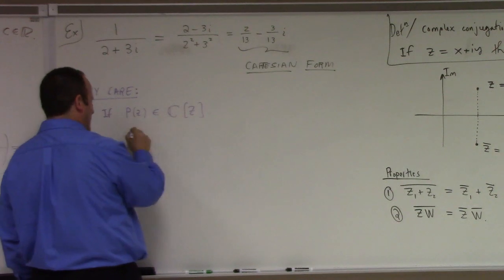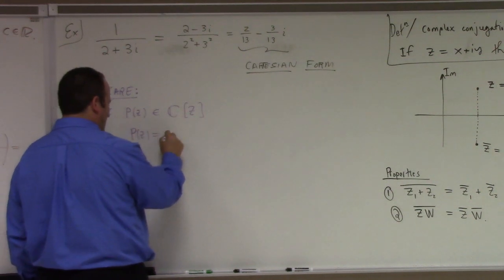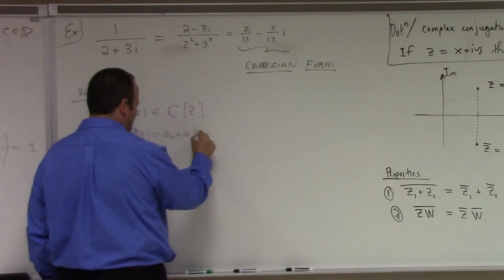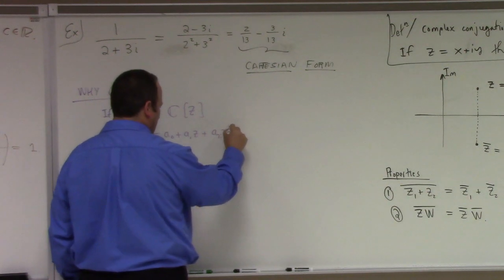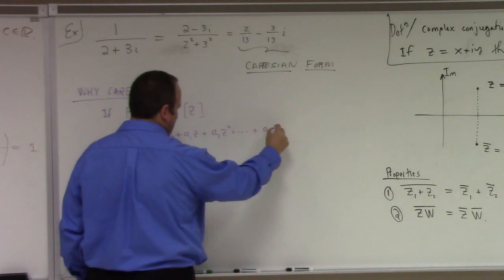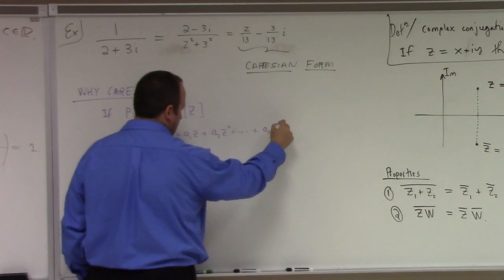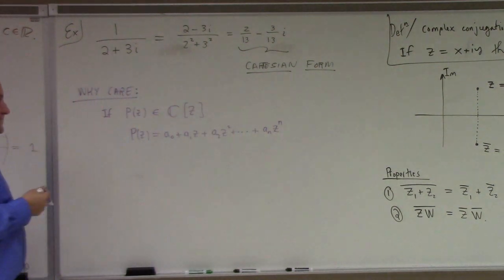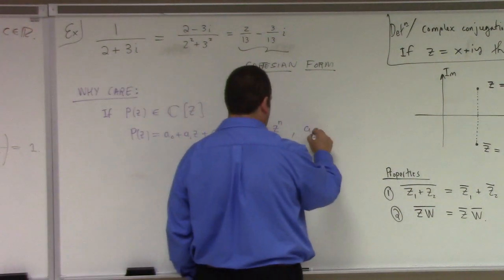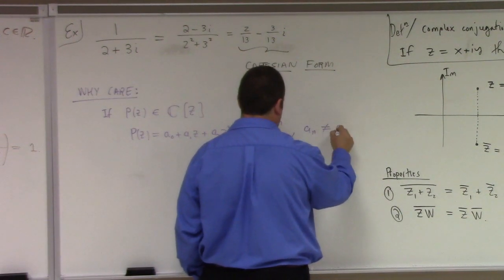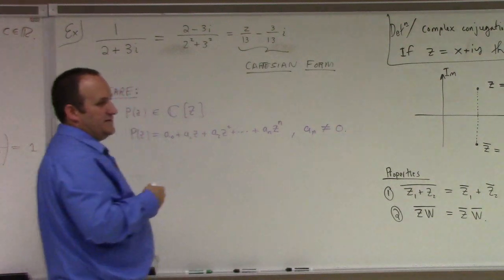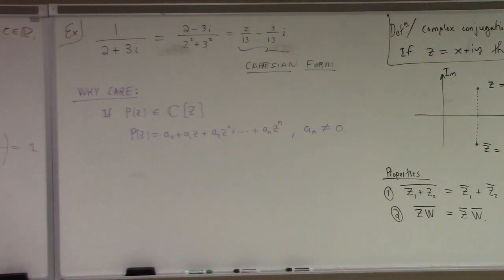This is notation for saying that P of z is equal to a naught plus a1z plus a2z squared plus up to an z to the n, with an not 0. I'm going to assume an's not 0, but that's not necessary. The point is C square brackets of z is the set of so-called complex polynomials, right?